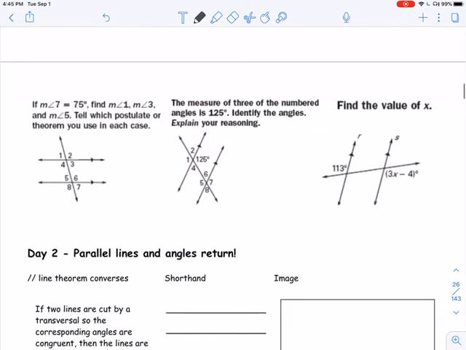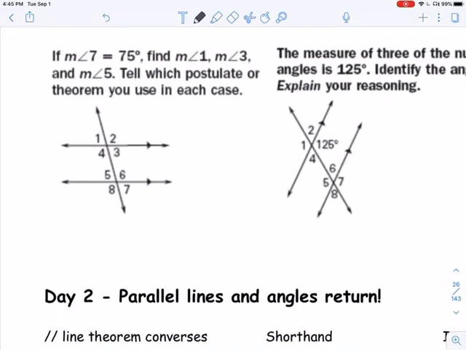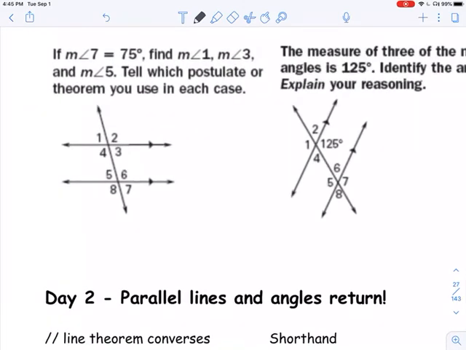So let's get some practice in writing down the why. If angle 7 is 75, find the measure of angle 1, 3, and 5. Tell which postulate or theorem you would use in each. So if I want to compare 7 and 1, my lines are parallel, and these are alternate exterior angles.